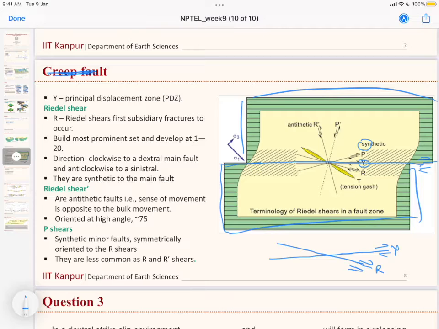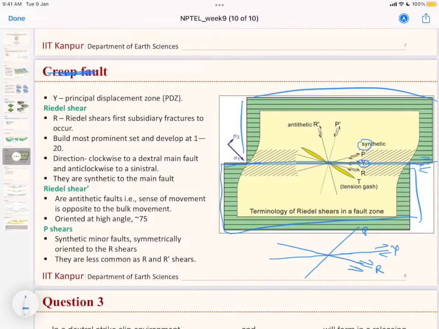Now the conjugate of this radial shear fracture is the P shear. If I have to draw a conjugate of it, it would come like this, and that fracture would be marked as P.